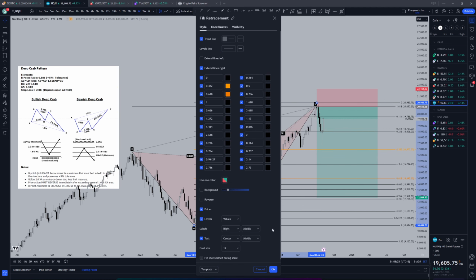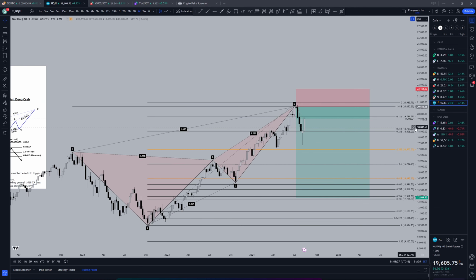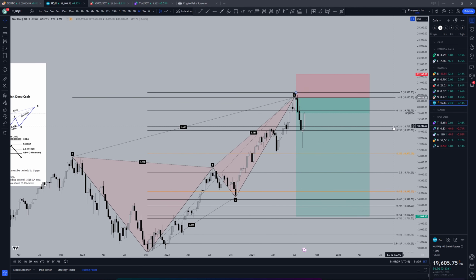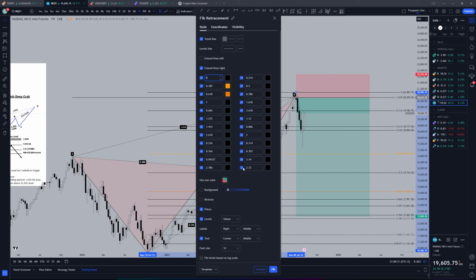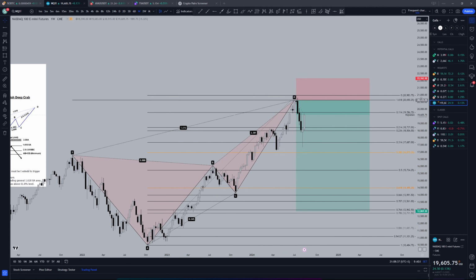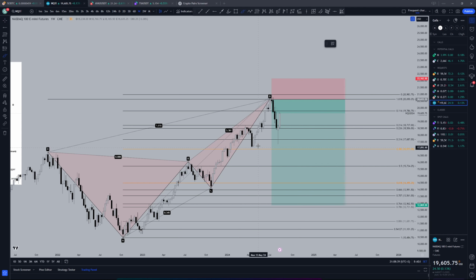I'll just make the lines a bit less thick. We kind of front ran this level. I think there's a 0.314 there. Okay, we kind of front ran TP1, which is usually a really good sign of strength.